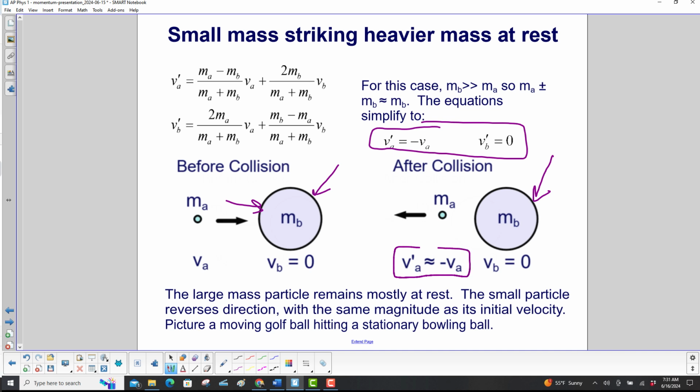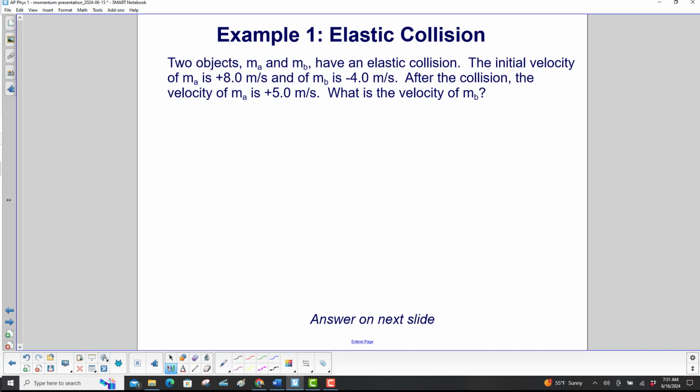So V prime A is going to equal minus V sub A. The large mass particle remains mostly at rest. The small particle reverses direction with the same magnitude as its initial velocity. Picture a moving golf ball hitting a stationary bowling ball.